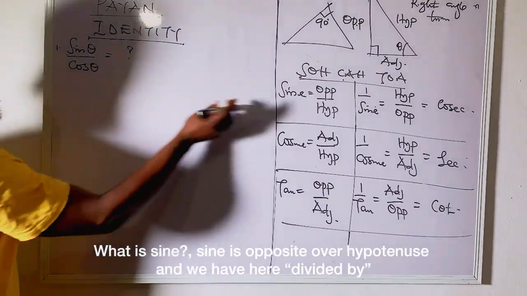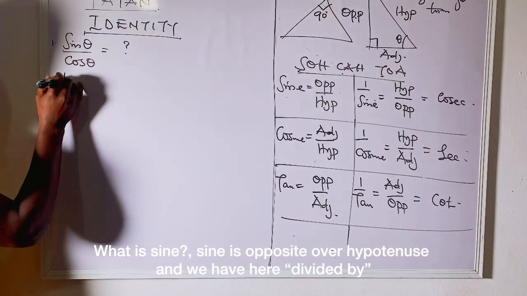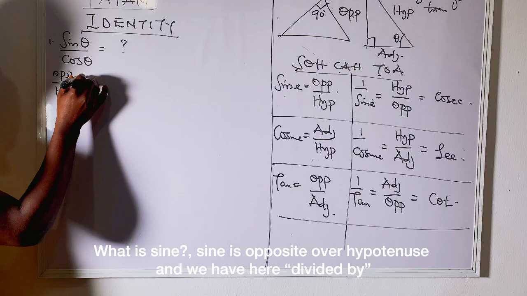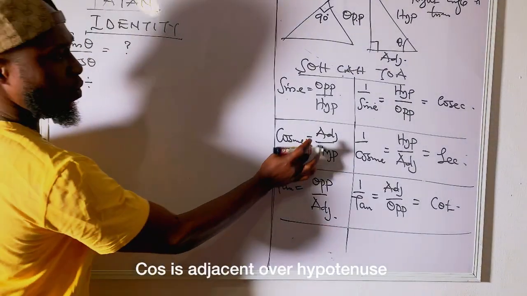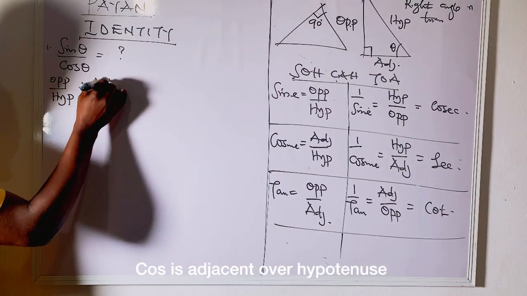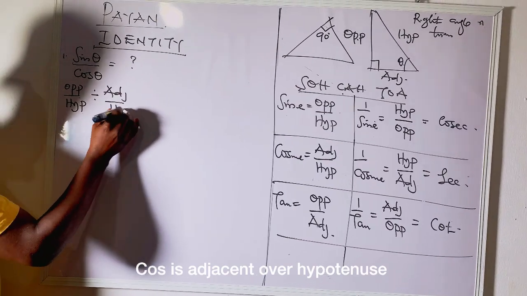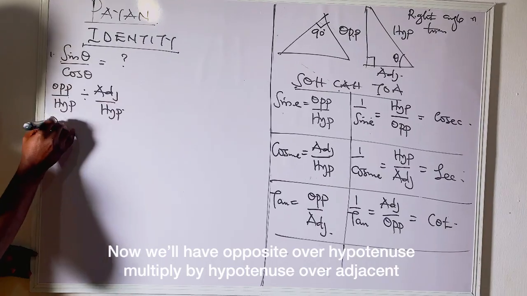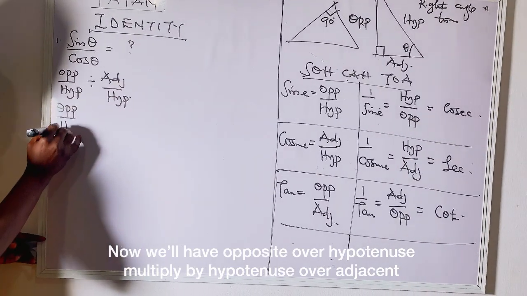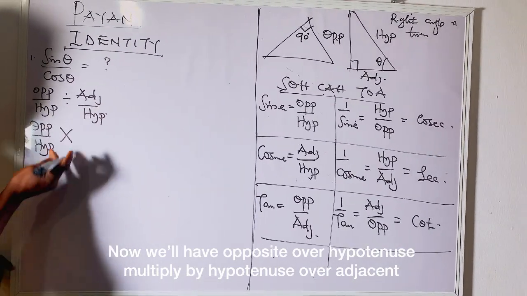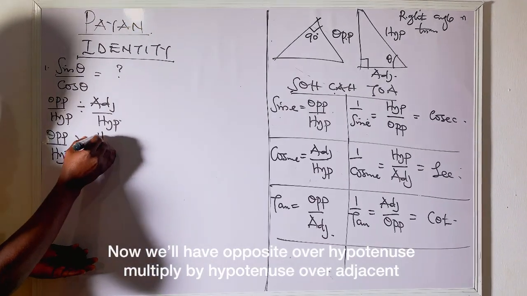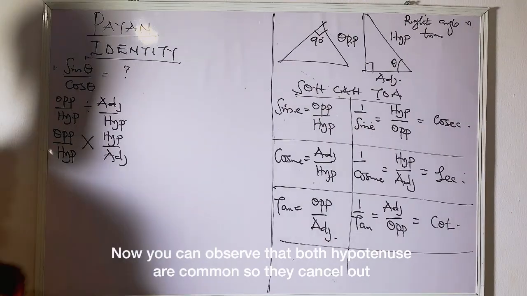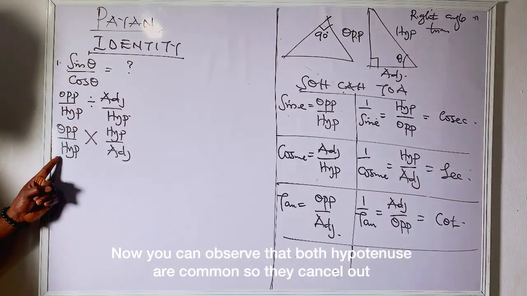Sine is opposite over hypotenuse, divided by cos, which is adjacent over hypotenuse. Applying the division sign, I have opposite over hypotenuse, then multiply by the interchange, hypotenuse over adjacent.